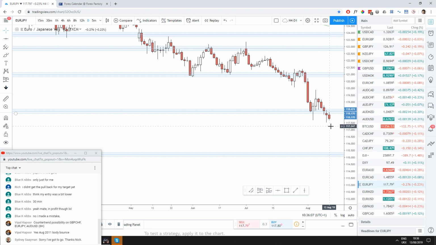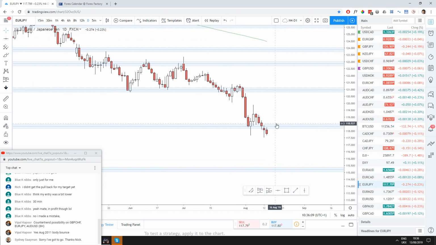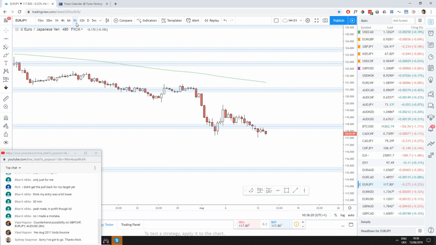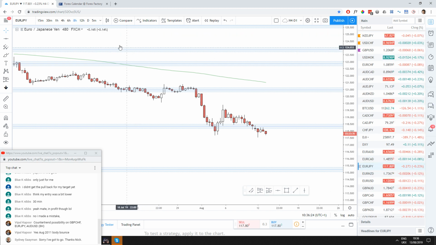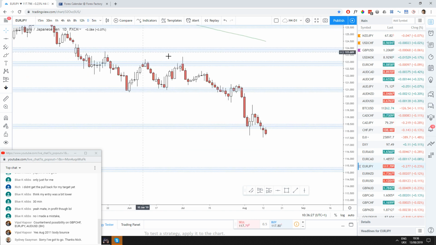I don't think your support area is that great. This looks like it's headed down to me, if anything. But either way, things are just too unclear right now. I wouldn't be going long.